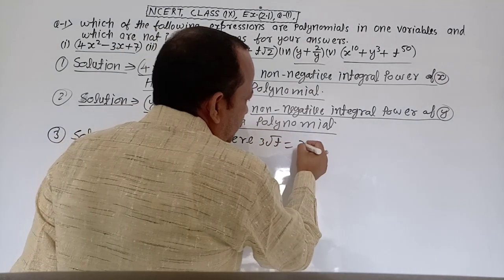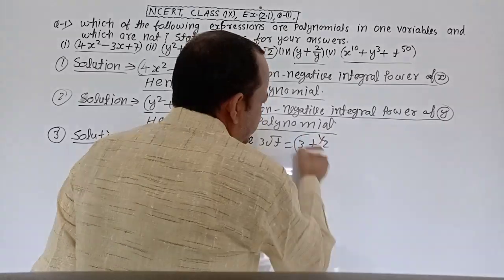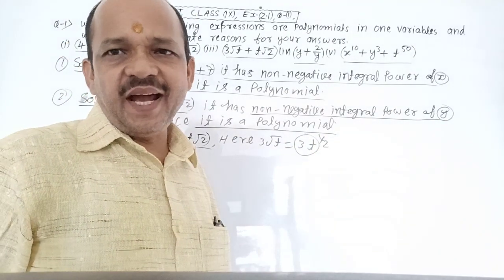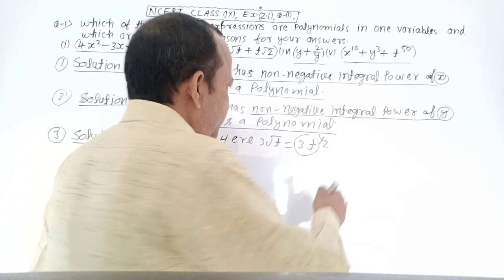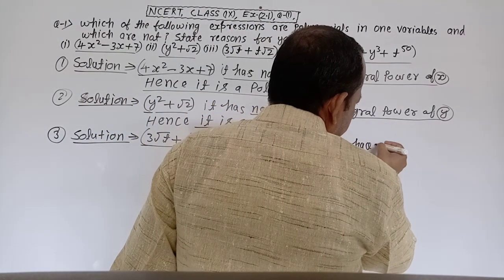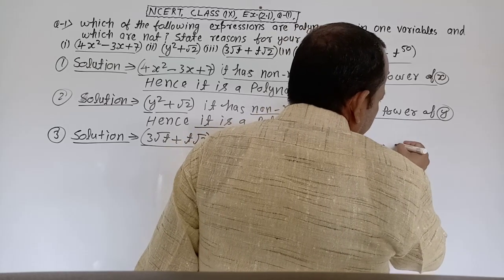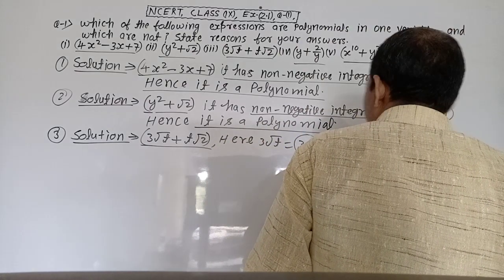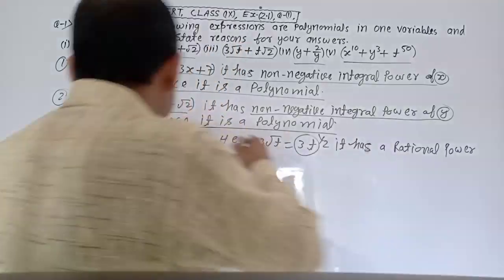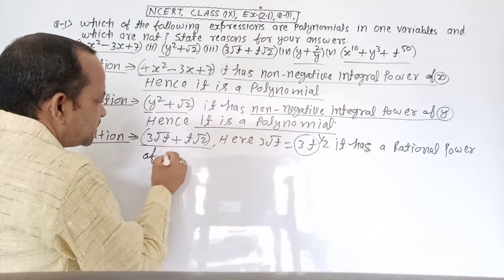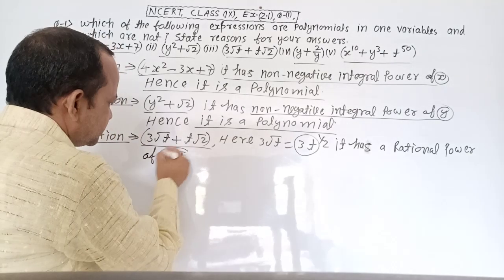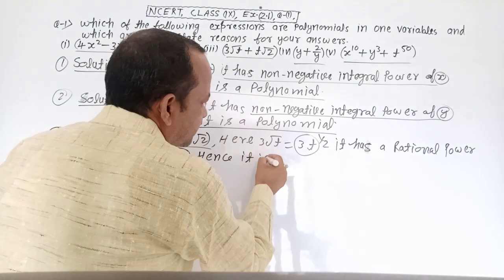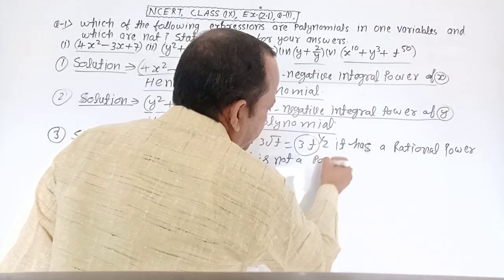Here 3 root t equal to 3 t power half, rational power. 3 root t has a rational power, hence it is not a polynomial.